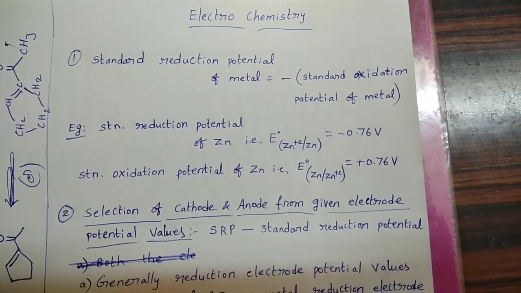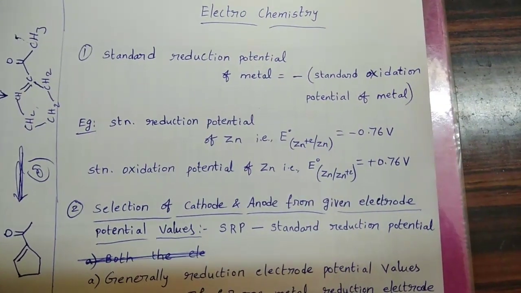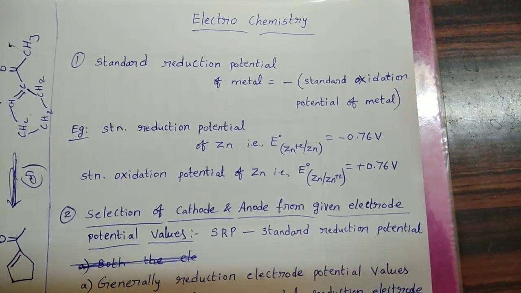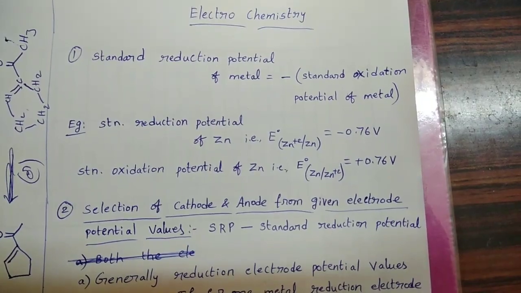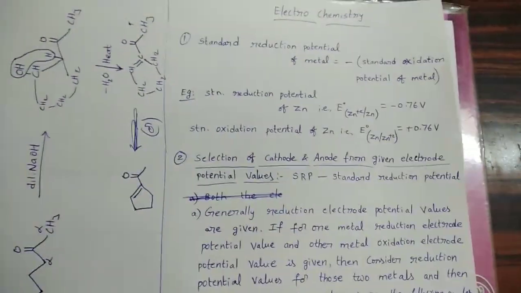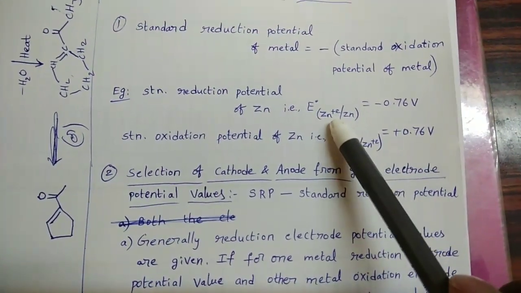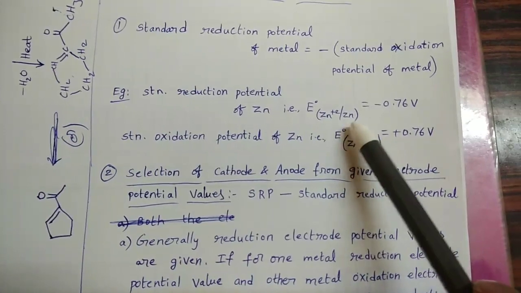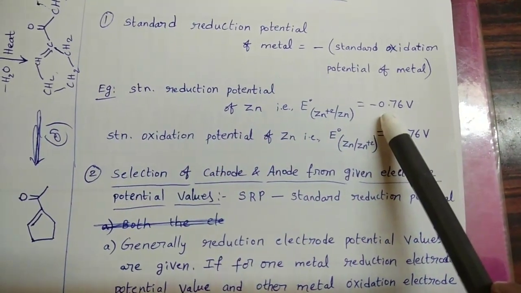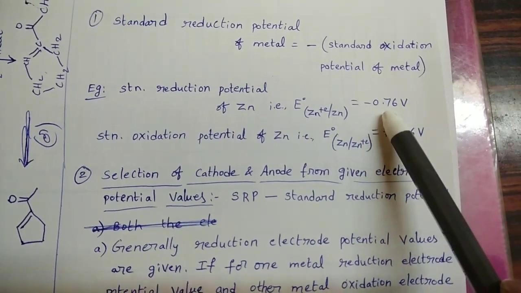See the example, standard reduction potential of zinc, E0, that is the symbol for standard electrode potential of Zn2+. See this, Zn2+ to zinc. Zn2+ is reduced to zinc, then reduction potential value is minus 0.76 volts.